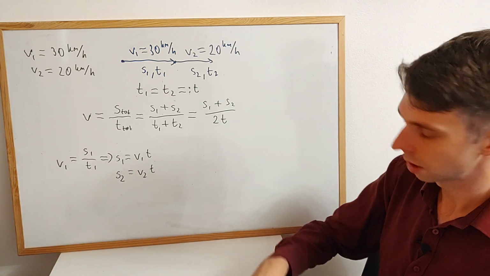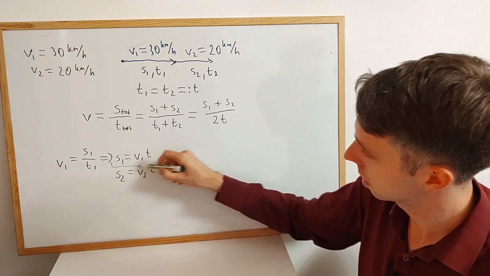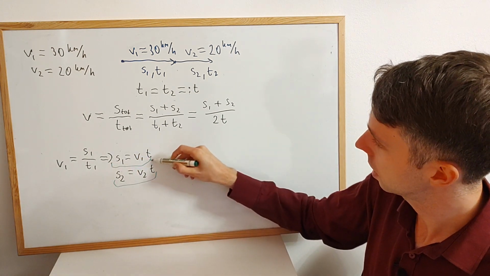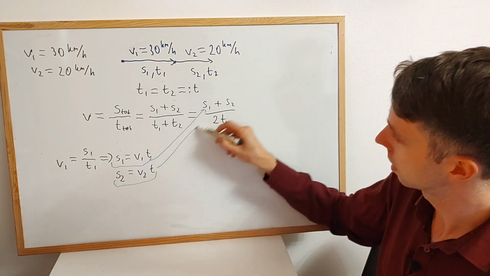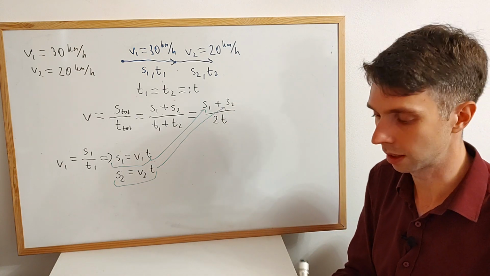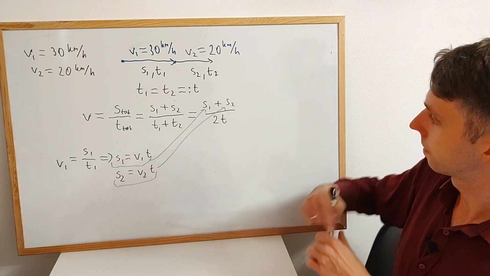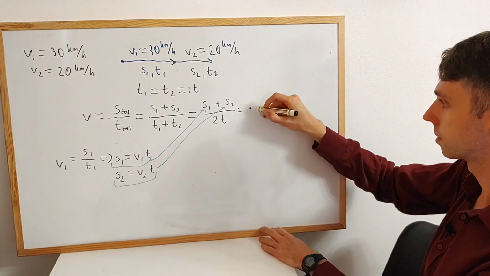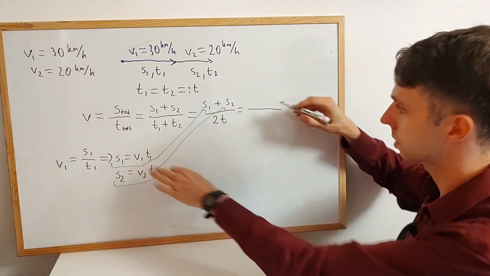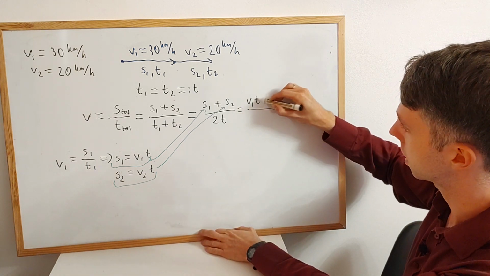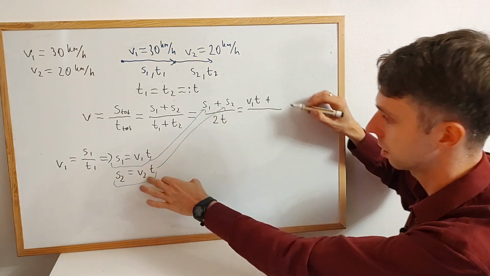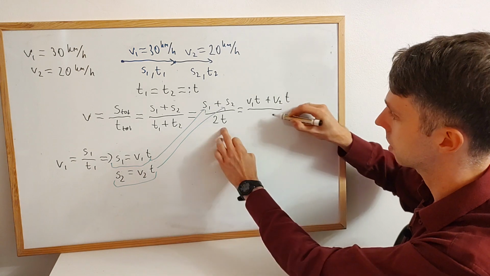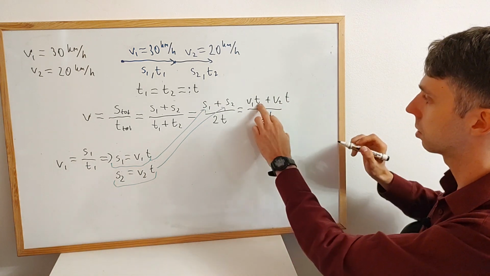Now you plug these things in for s1 and s2 here. Okay, so what you have? Instead of s1, I write v1 times t, plus s2, v2 times t, divided by 2t.